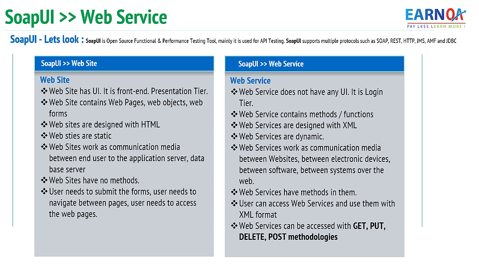Let me explain. A website has a UI and a web service does not have any UI. A website is a front end, whereas a web service is a business tier which is hidden. A website contains lots of web pages, web objects, and web forms, whereas a web service does not contain any pages. It contains methods and functions. Example, calculator.